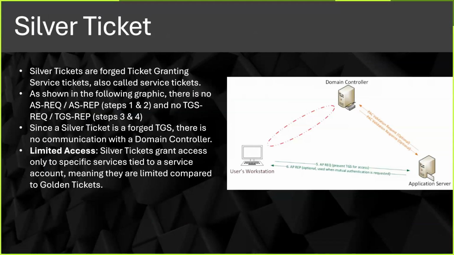What about the silver ticket attack? The silver ticket is a forged ticket-granting service ticket, also called the service ticket. You can see here it skips steps one and two, the AS request and reply, so there is no ticket-granting ticket, and it skips steps three and four, which means it does not request any ticket-granting service ticket. It pushes the new service ticket and uses that to request the service from the application server.